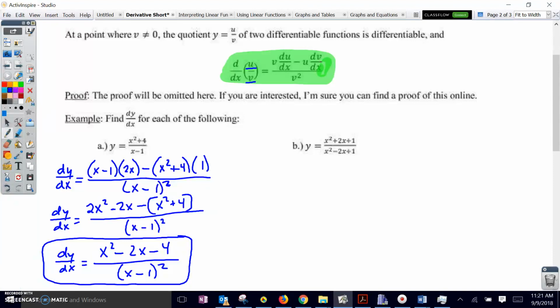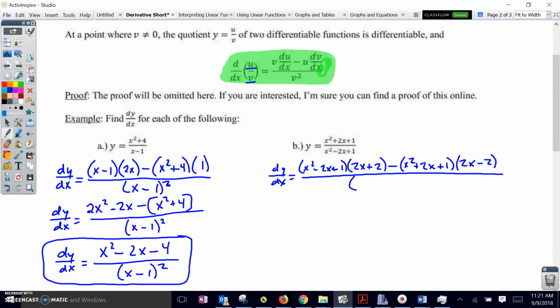Alright, second example. We've got dy dx equals low times the derivative of high, minus high times the derivative of low, square the bottom, and away I go.